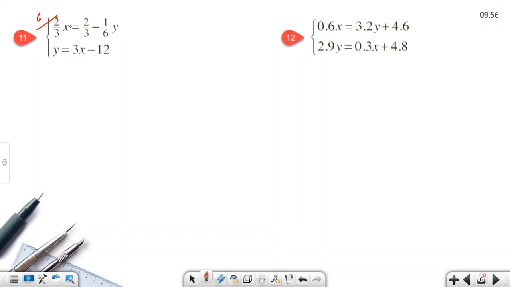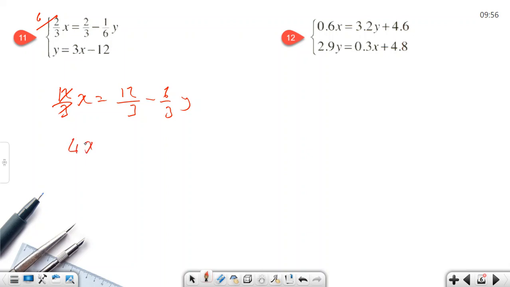So I multiply by the common multiple: 6 times 2, 12 over 3x. 6 times 2, 12 over 3. 6 times 1, 6 over 3 y.